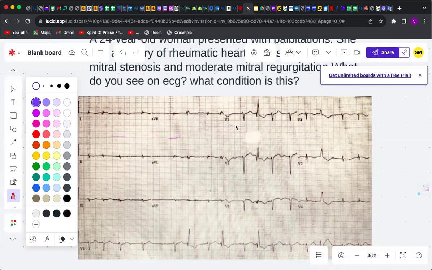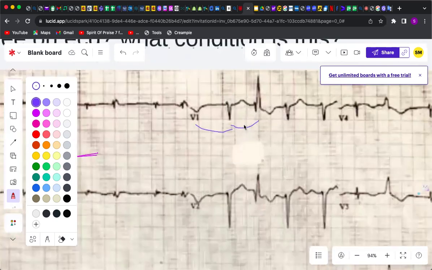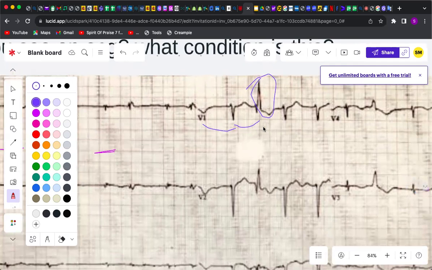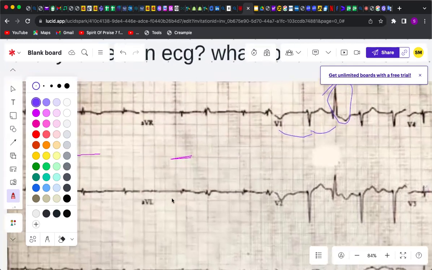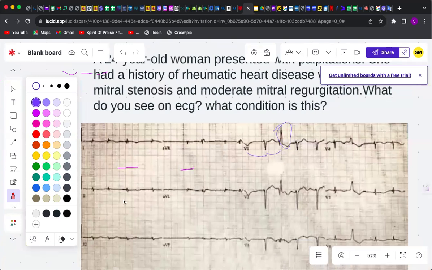For instance, in V1, mostly you have a long-to-short pattern, and then the next beat is going to be a right bundle branch block, like we're seeing here. Whenever you see this, just know that this is Ashman's phenomenon going on there. And it's mostly accompanied by atrial fibrillation, like we're seeing here.